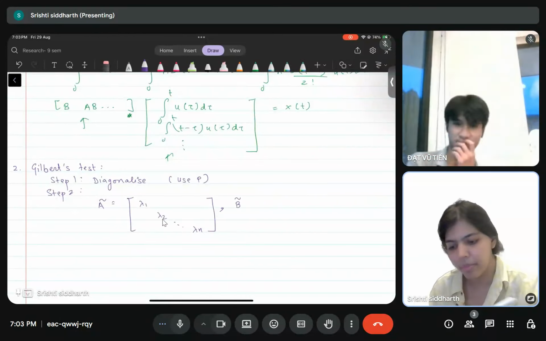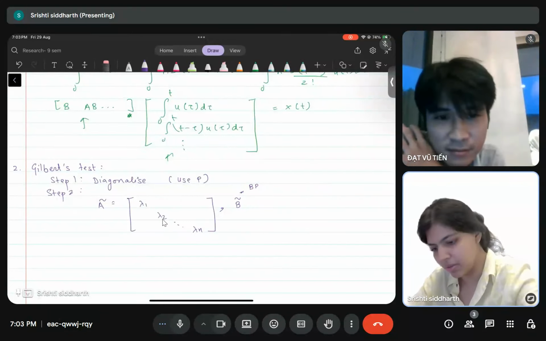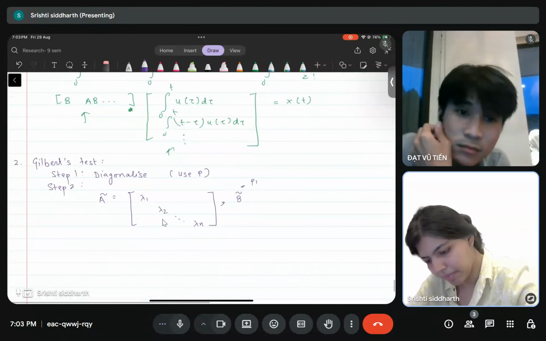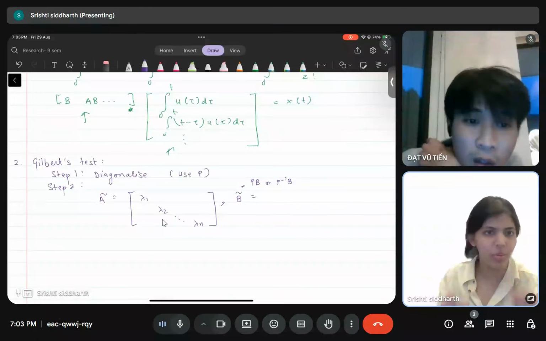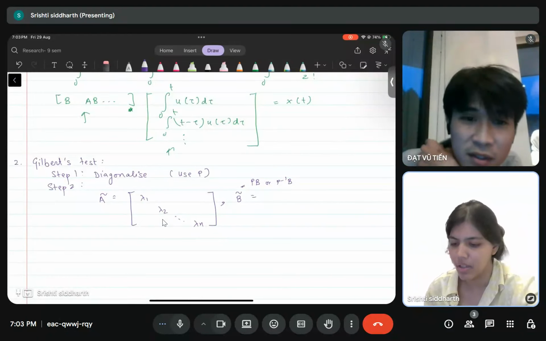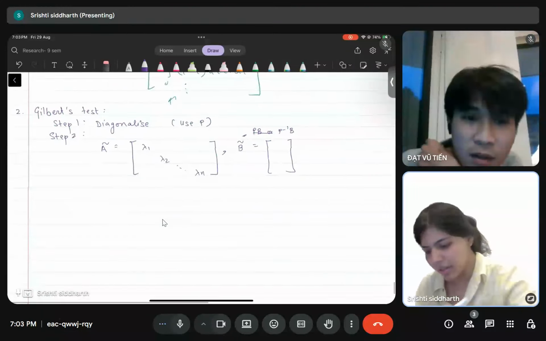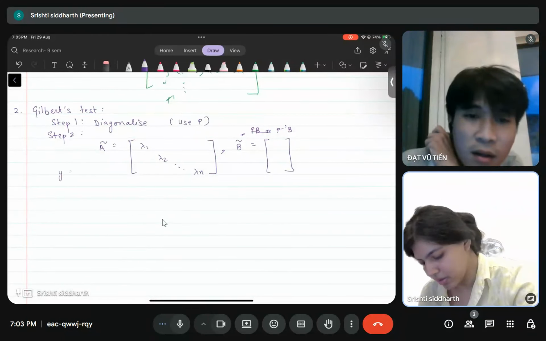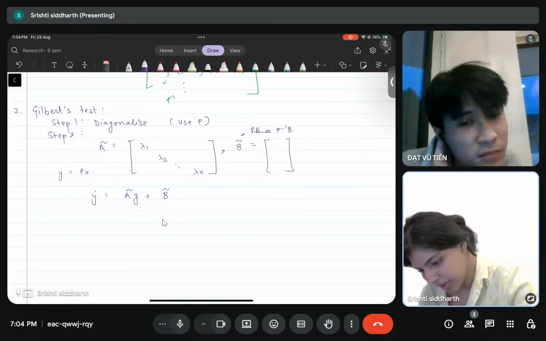To get B bar is, I think, P inverse B. You can just check this. And this comes out to be again a vector. So now the new state is, for example, y, and y dot equals the diagonal matrix times y plus B bar u.